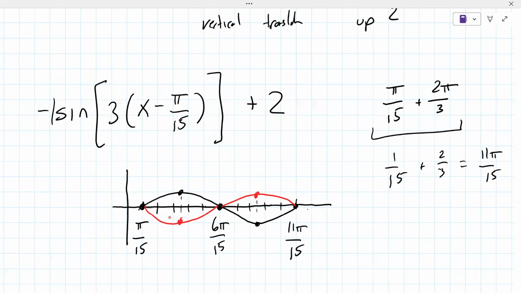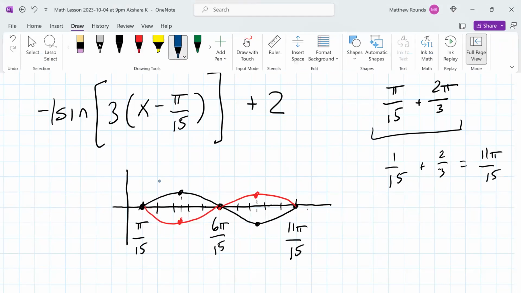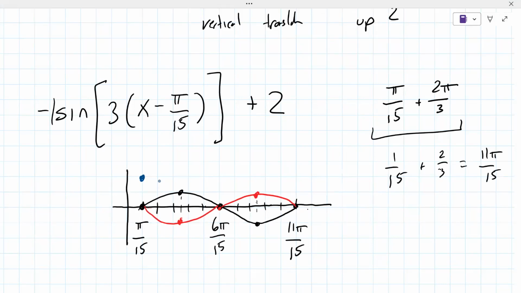You can take every single point and go up 2. So there's up 2. There's up 2. There's up 2. There's up 2. And then there's up 2.